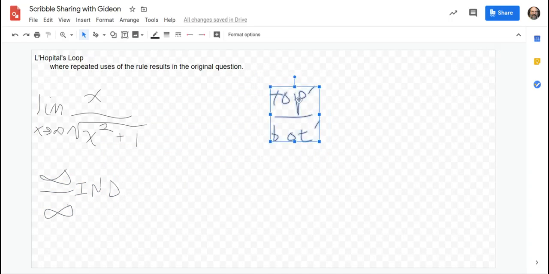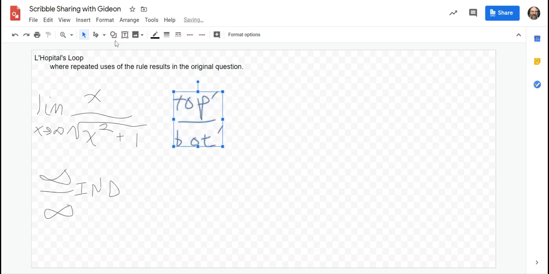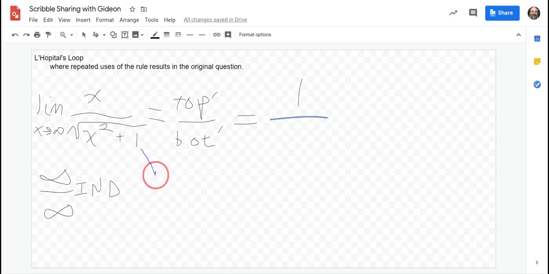We've confirmed we have an indeterminate form, and therefore we know that we can find this limit by taking the derivative of the top, and that's easy. That's 1. And oh goodness, the derivative of a square root. I'd better go off to the side. We're not going to be able to compute its derivative until we write the square root as a 1/2 power, the power rule. So here's x squared plus 1, to the 1/2 power.